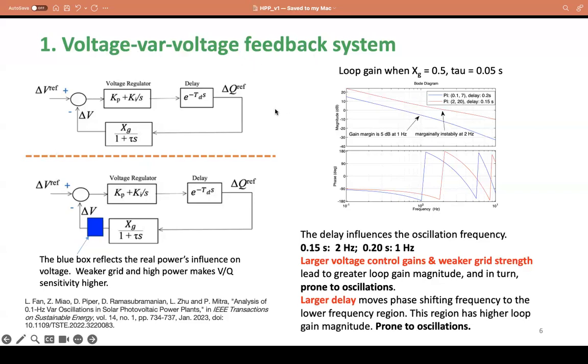In this voltage feedback system, the simplified model did not consider the real power effect, but in fact, we can add the blue box to show the real power impact. The real power impact is basically that when the grid is weak and the real power export is higher, then this blue box will be greater than 1. It's greater than 1 in the low frequency region.